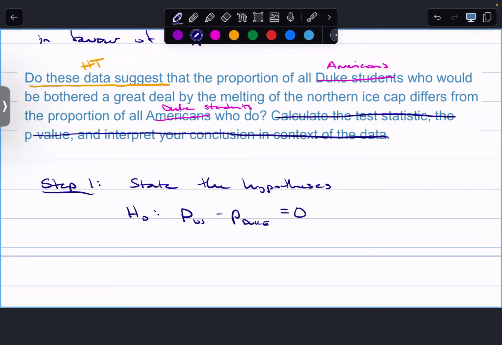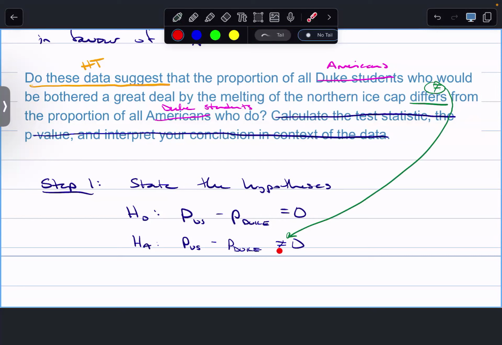And I have to assume that they're the same until I have proof otherwise. I want to know if they differ from each other. This means a not equal to in the alternative hypothesis. So my alternative hypothesis is going to be P US minus P Duke is not equal to 0, right? And this comes from here. This makes it a two-sided test.